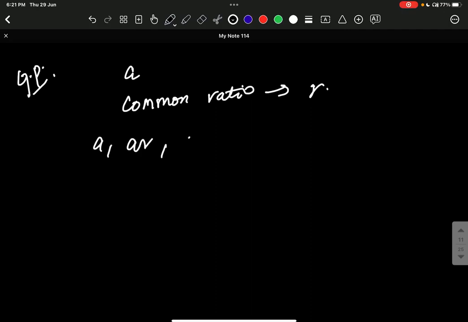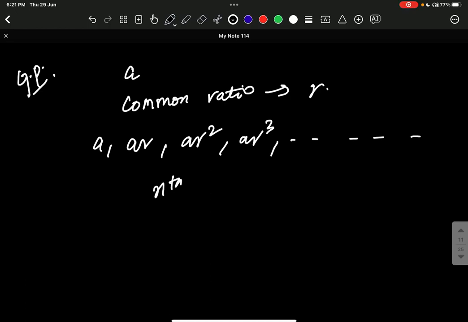Okay, so geometric progressions: the first term is definitely A, and here we have the common ratio, which we call R, and the series could be written as A, AR, AR square, AR cube, and so on.